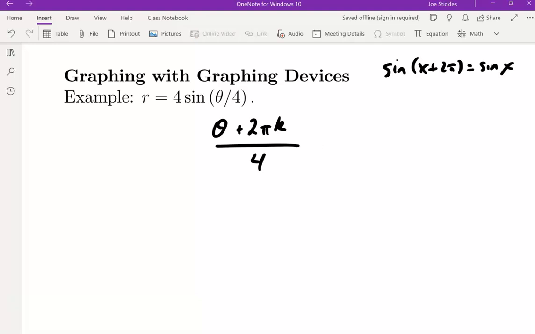Well, we should write it this way. I should write the sine of this to be the same as the sine of theta over 4. This is what we want when we're done.